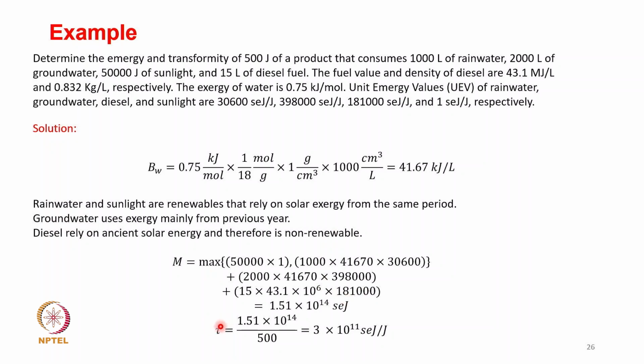And if you are interested in computing the transformity factor, it is M of course divided by the total number of products being used. So you have to divide that by 500, and this is what we are going to get.